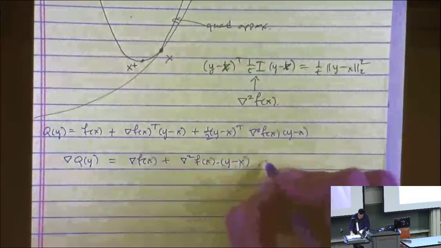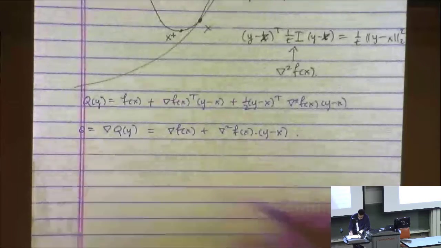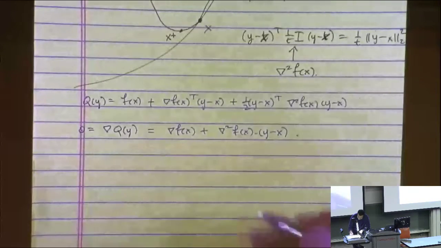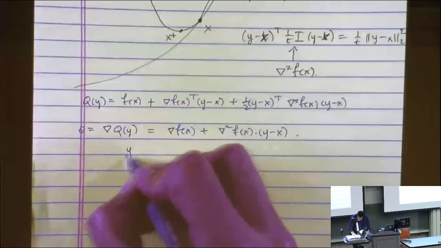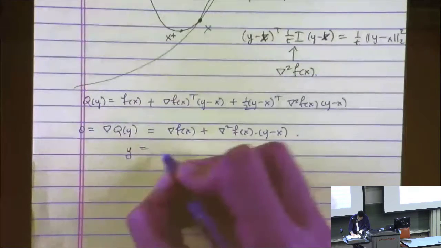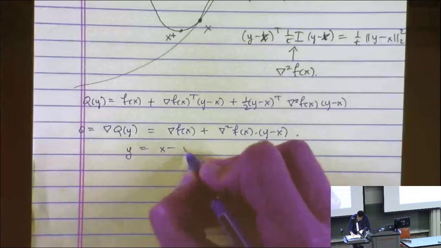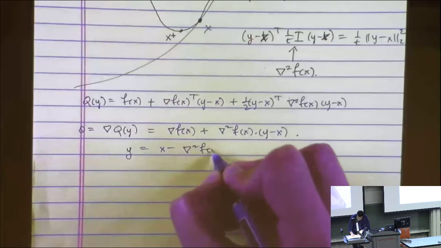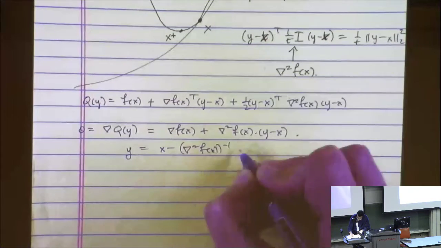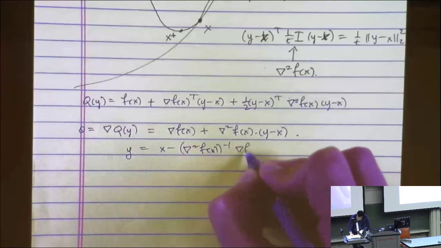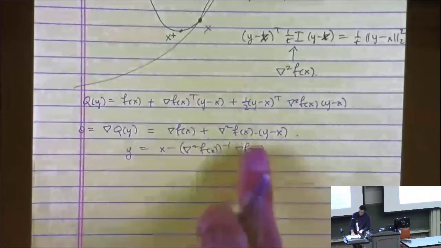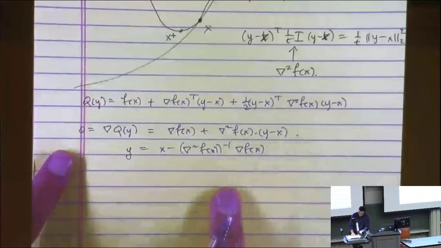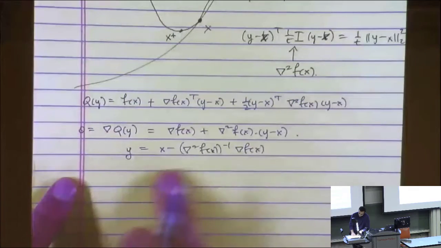If I set this equal to 0 to minimize it, it's a convex quadratic, you can see that I just am going to get y equal to x minus the Hessian inverse times the gradient. Just multiply both sides by the inverse of the Hessian and then move x to the other side. This is what I get.